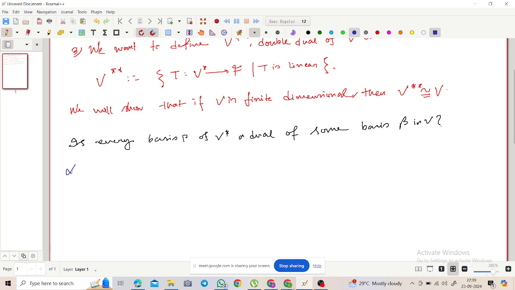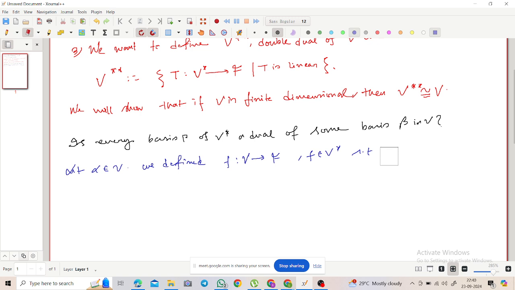So let alpha belong to V. We actually defined f from V to F, belonging to V star, such that f of alpha is 1, and 0 otherwise.